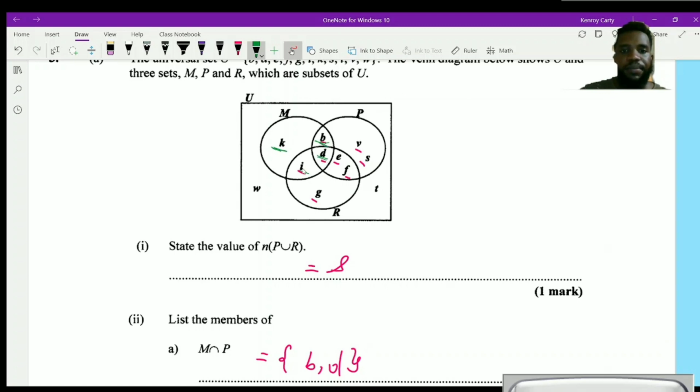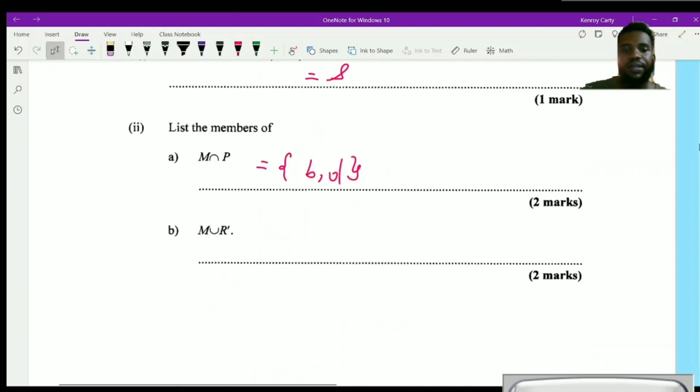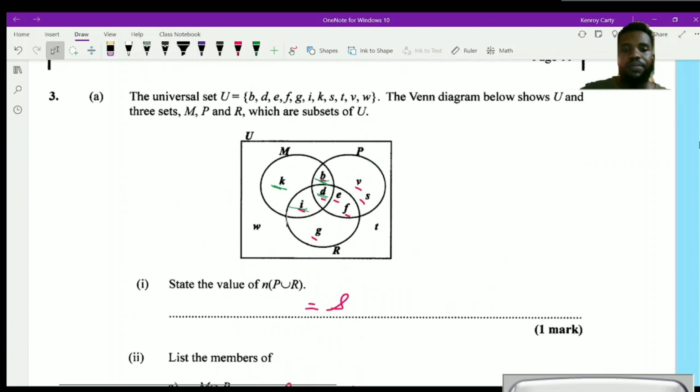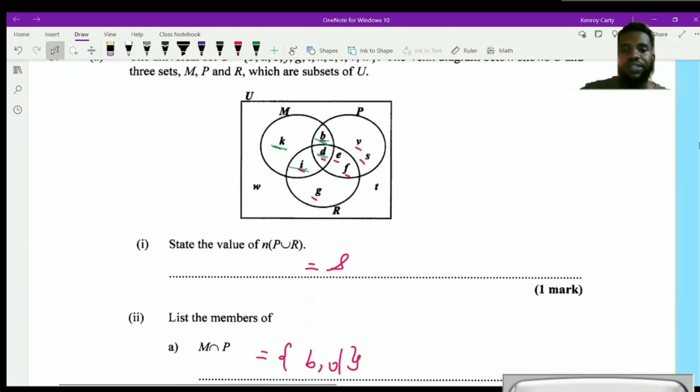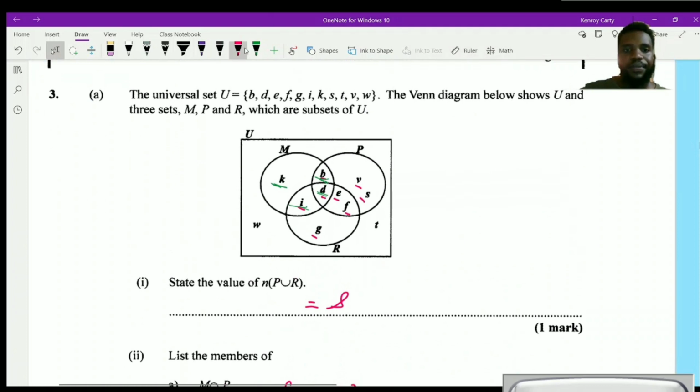All these are in M. And you're going to union it with what is not in R. R complement means what is not in R. And the question is, what do I not have in R? Now remember watching the green lines, guys. So green, what is not in R? This is not in R. This is not in R. This is not in R. And that is not in R.